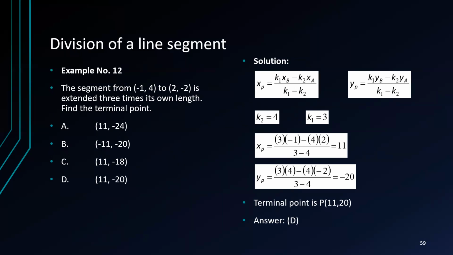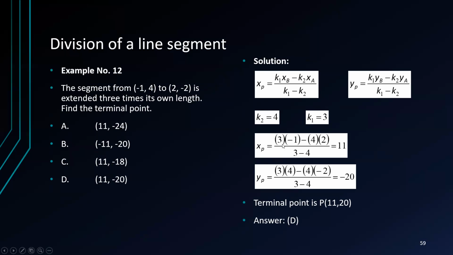Okay, 3 times its own length. So ibig sabihin, yung initial length mo is 3, 3 times. Tapos plus yung isa, yung second mo is nag-plus 1 ka na, di ba? So 3 plus 1 over 1 is 4.